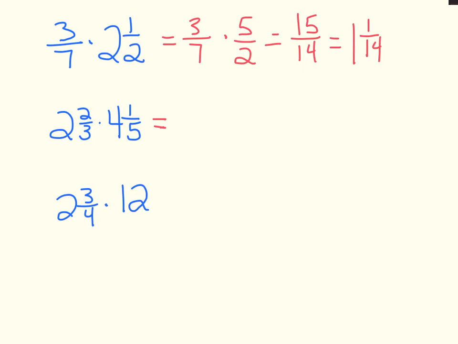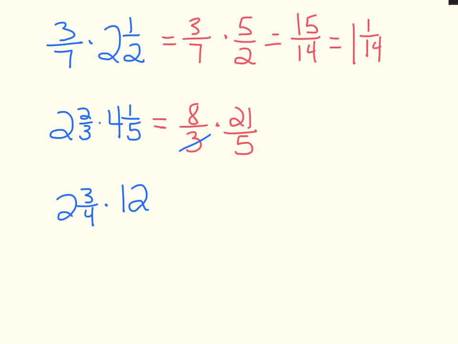The next problem, both of the factors need to turn into fractions greater than 1. So 2 2/3 is going to become 8/3 times 4 1/5, that becomes 21/5. And I look across and I find that I cannot cross cancel 8 and 5. They have no common factors.